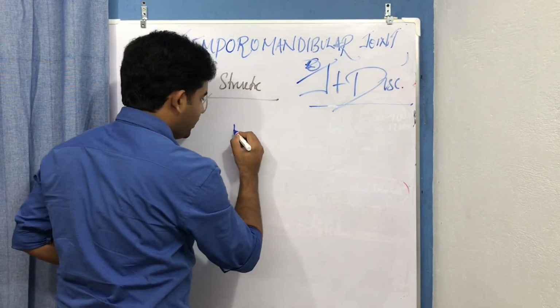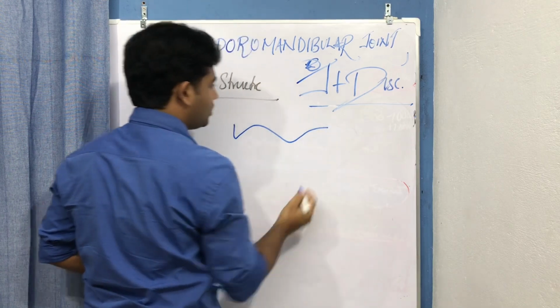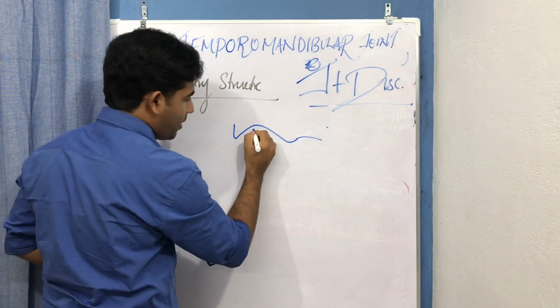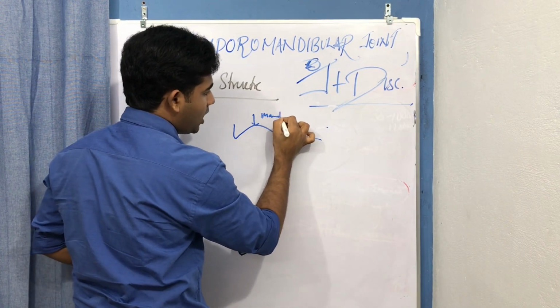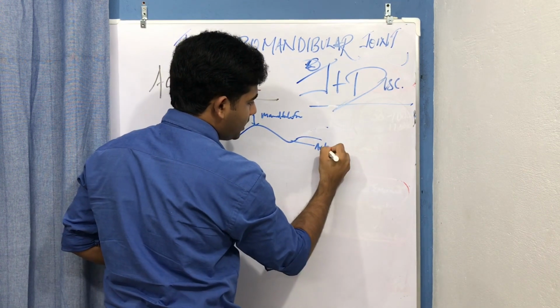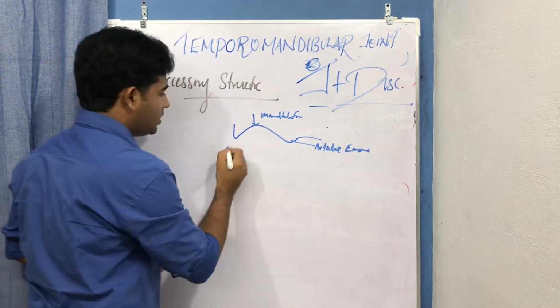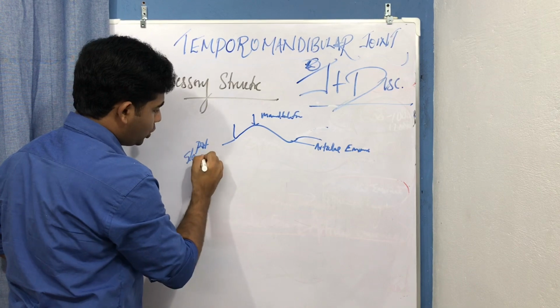Let us see what it is, and for that we need a diagram. Let us draw a diagram like this. This is your mandibular fossa, and this is your articular eminence, and this is the post-glenoid tubercle.